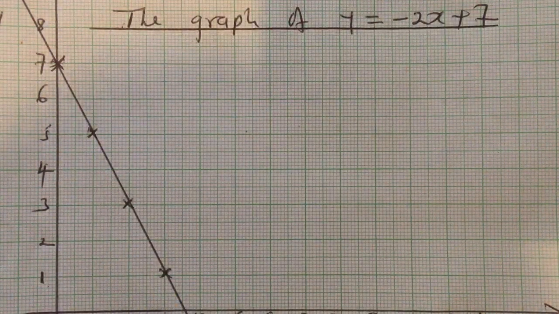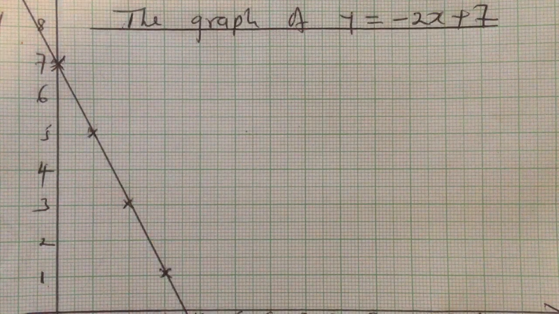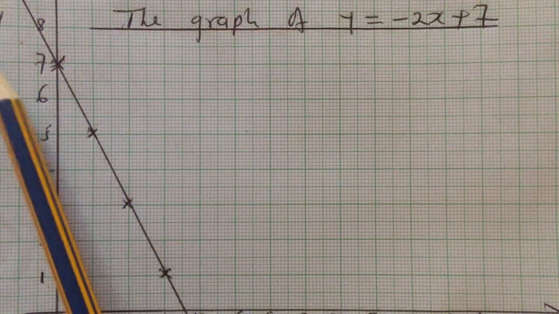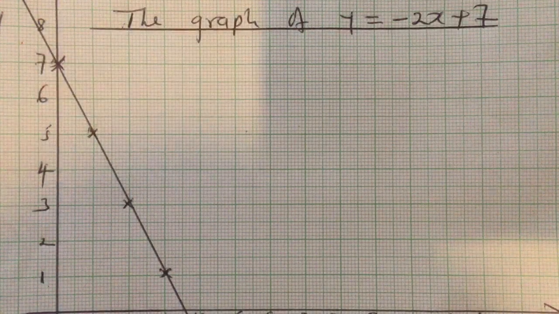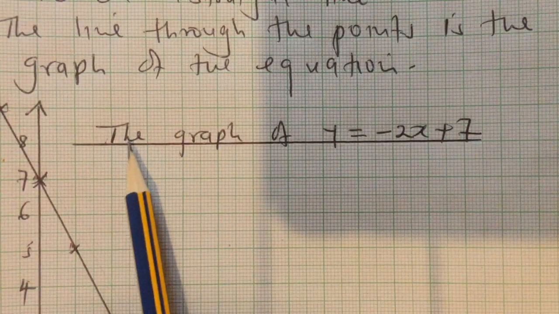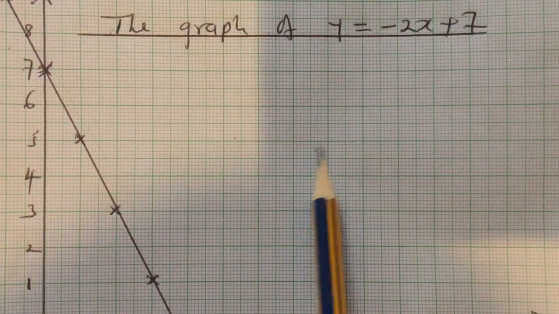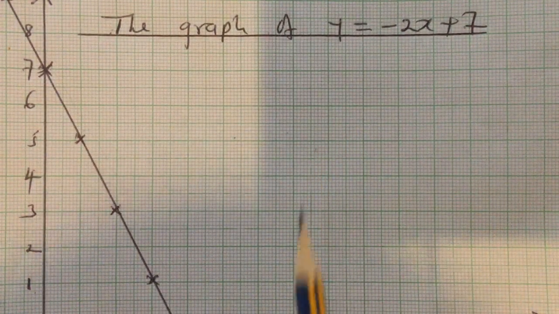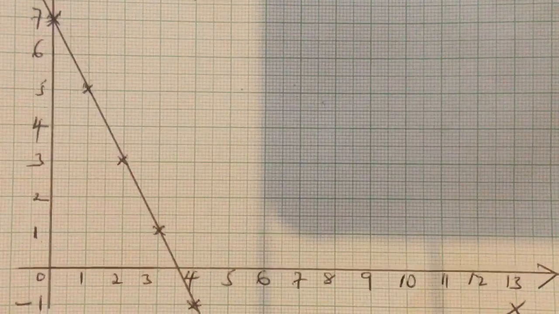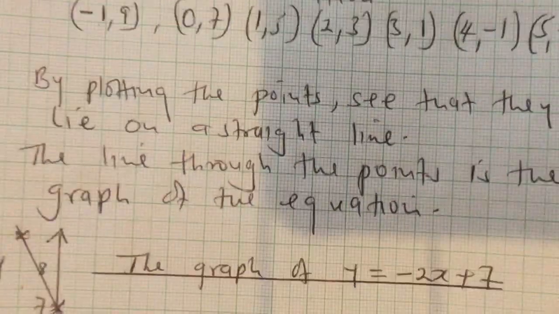By plotting these, realize the pattern that is coming out is a straight line. Then we take a ruler and join those points with a straight line, and the line that comes up is what we call the graph of y equals -2x plus 7.